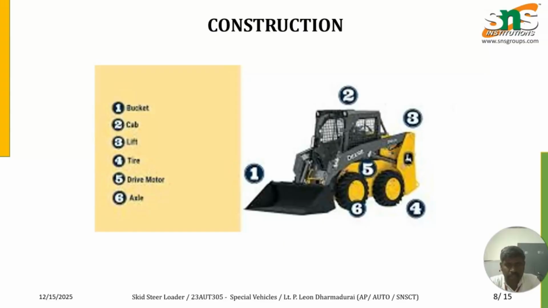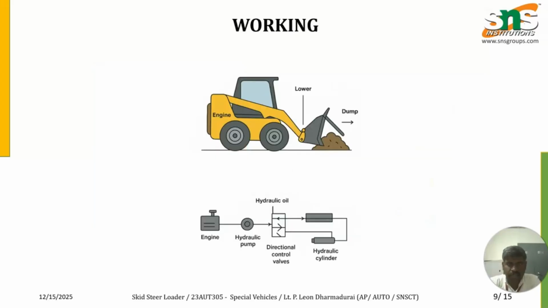Tires are present here, and in addition a differential steering system is used, so that steering control is given to the sides rather than to either the front or rear. Drive motors are used, and also axles for the transmission system.